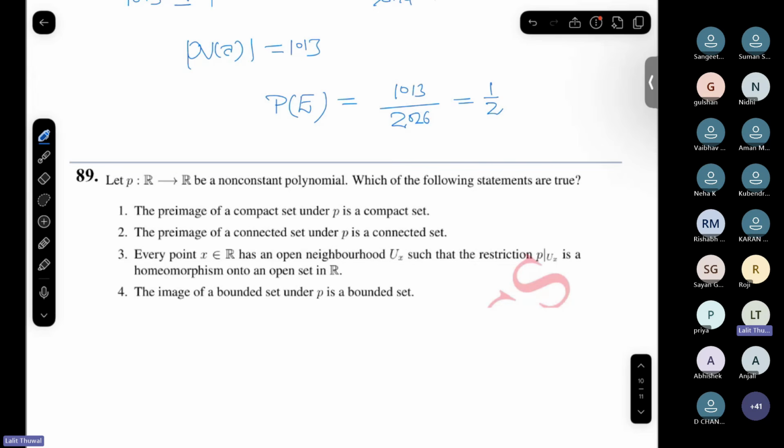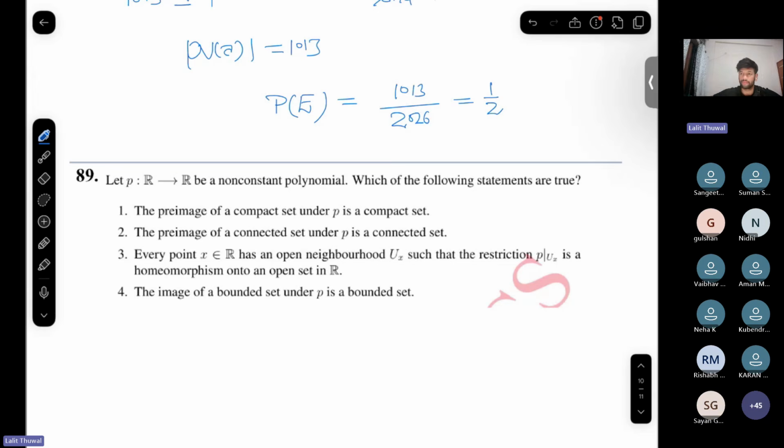Okay, we will see it. Raise your hand, dear all. Sir, 2 will not be true, for 2 I found a counterexample, x squared. Okay, 2 will not be true. Okay, see.